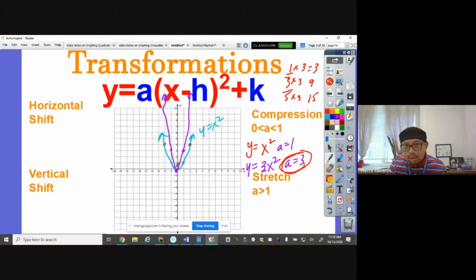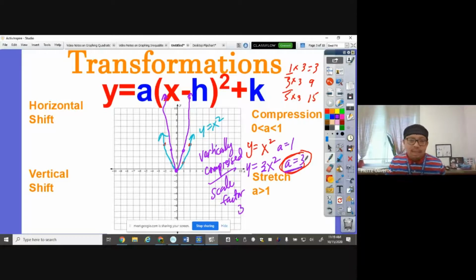How will you compare the blue and the purple? The graph becomes narrower, or compressed, vertically compressed, with the scale factor of 3, because the value of a is 3.